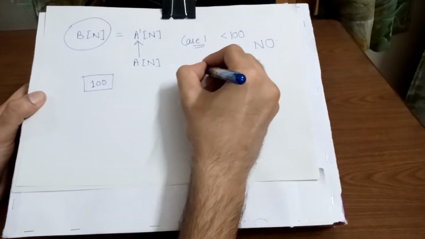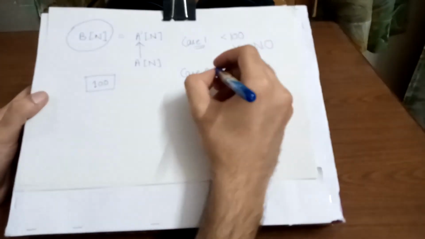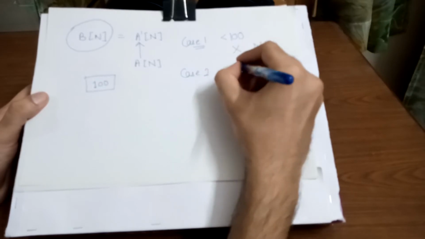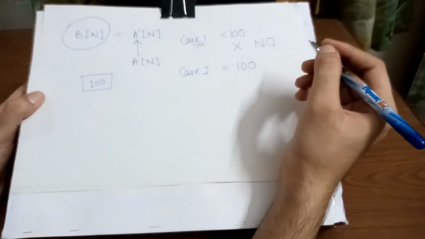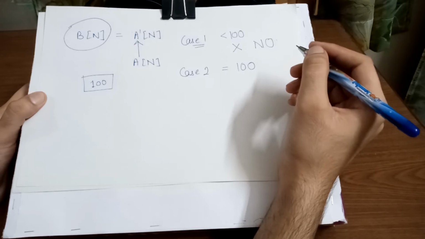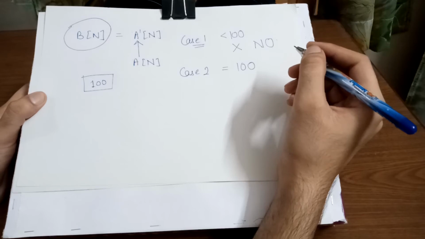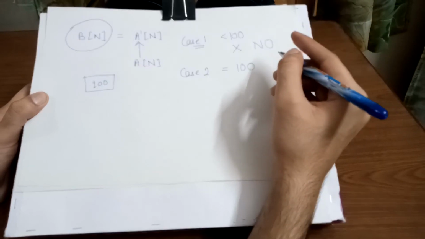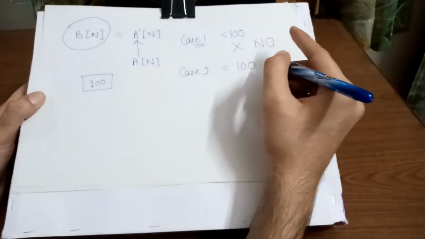Now case 2 is when the sum is equal to 100. Now we know that A can have all integer elements, or it can have all decimal elements, or it can have both integers and decimal elements.